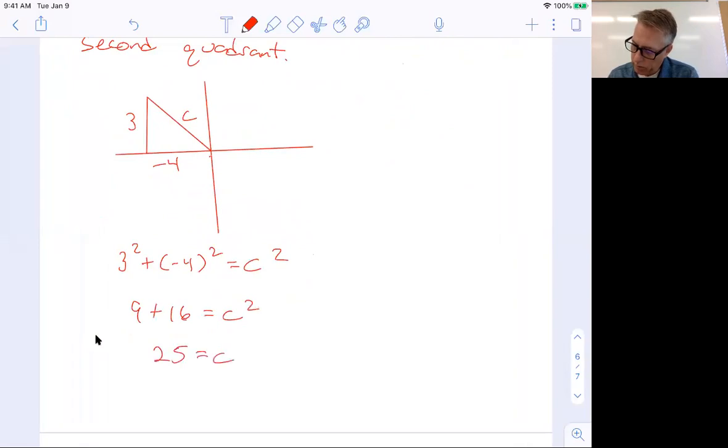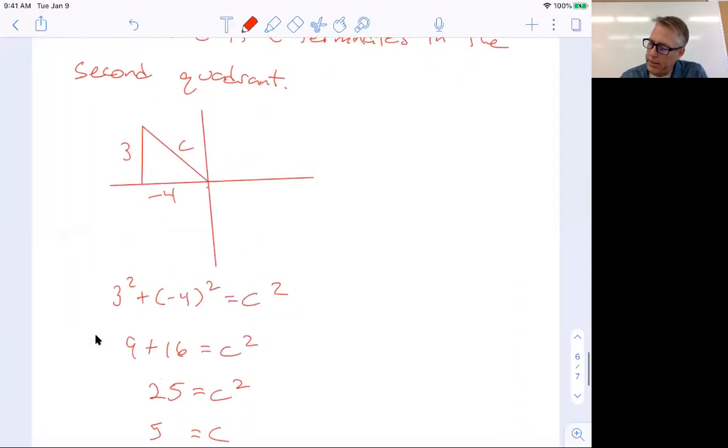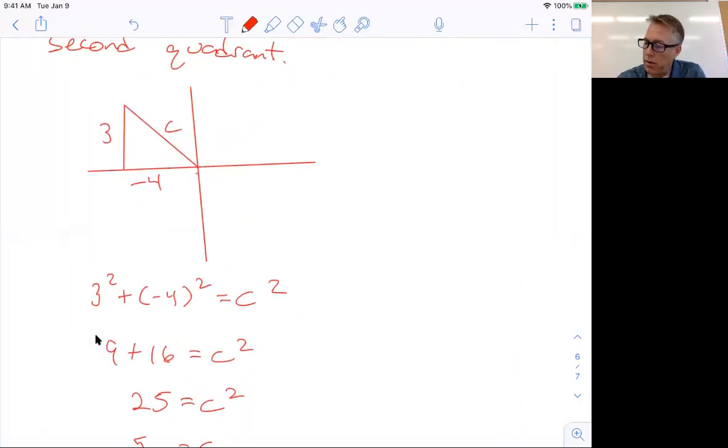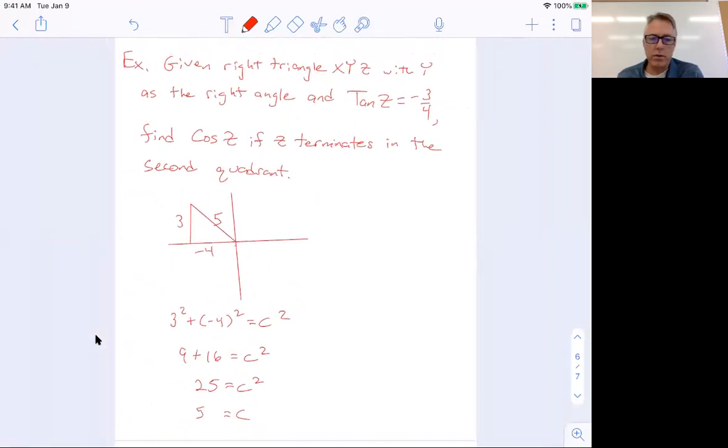We know that c comes out to be the square root of 25. And c is a hypotenuse. The hypotenuse is always positive. Always, always, always positive. And we rarely say always in math.